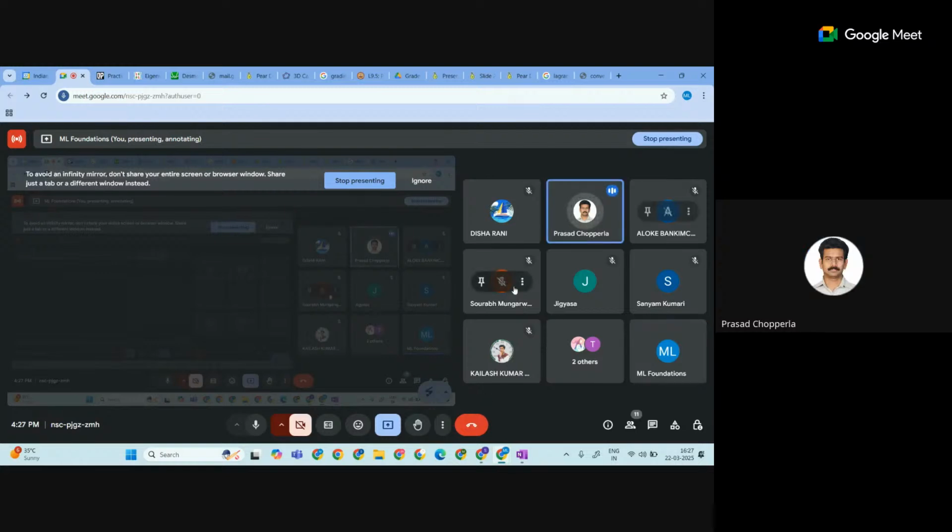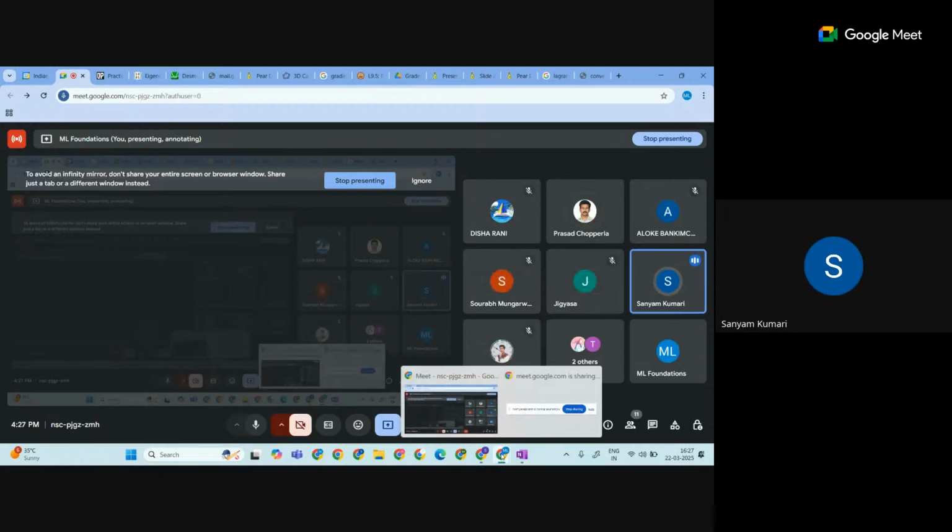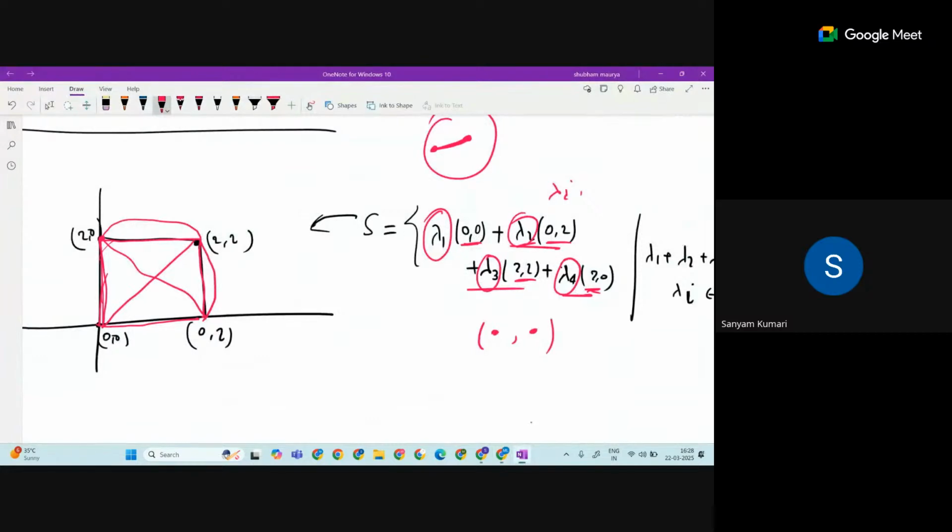Can you help me visualize that, if you don't mind, Sanya Kumar? For visualizing, sir has explained that if you take 2 points and intersect them, then it makes a convex set.